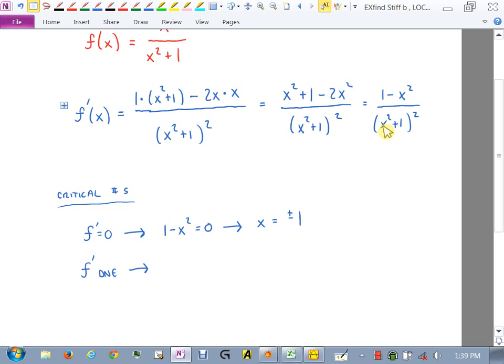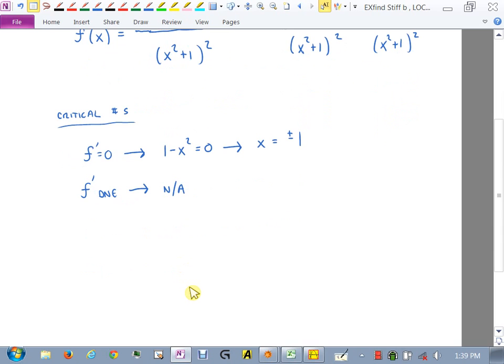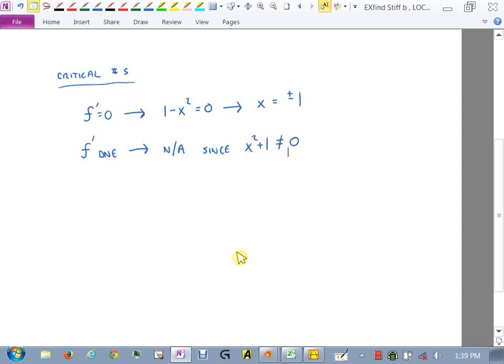So no issues here, right? Not applicable. Doesn't apply. No worries. Since x squared plus 1 cannot be equal to 0. So I have my critical numbers.